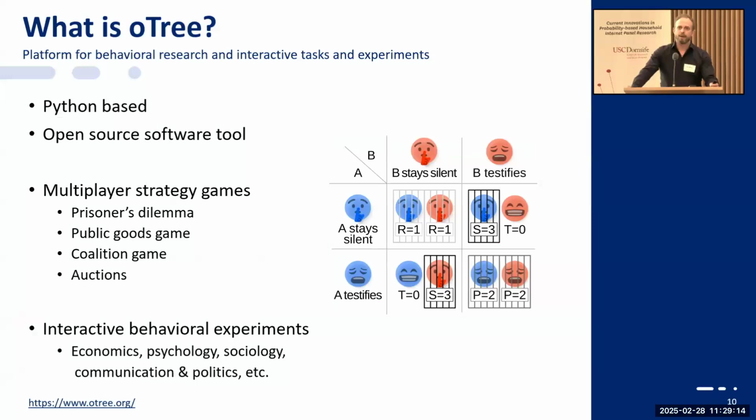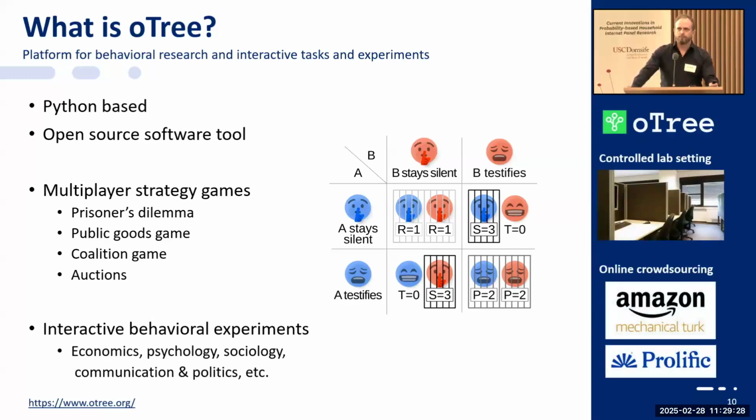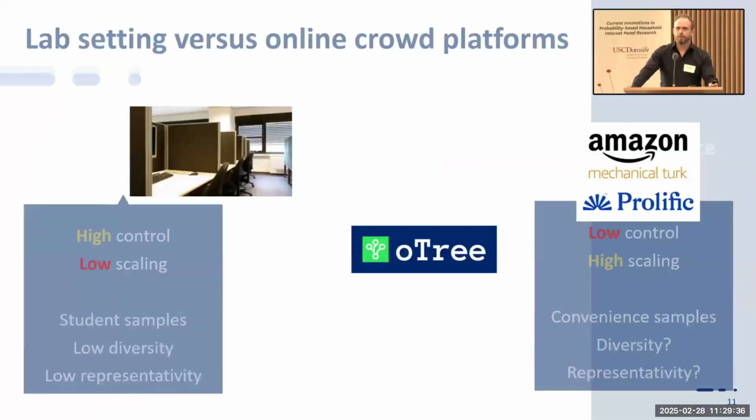Now, O3 is a Python-based open source software tool that lets you play multiplayer strategy games, prisoners' dilemmas, public goods games, coalition games, all in all interactive behavioral experiments. You can either do this in a controlled lab setting or utilize online crowdsourcing platforms like mTurk or Prolific.